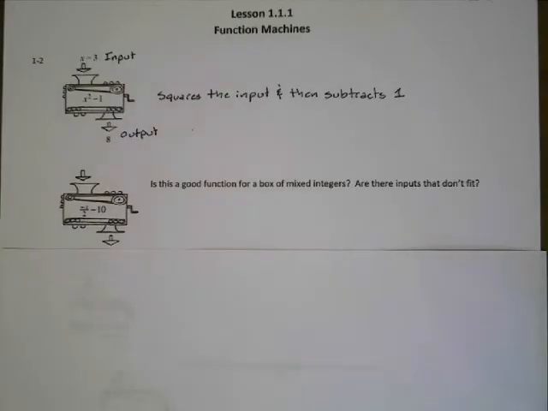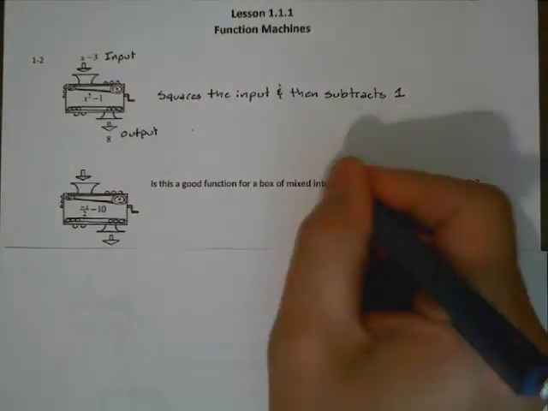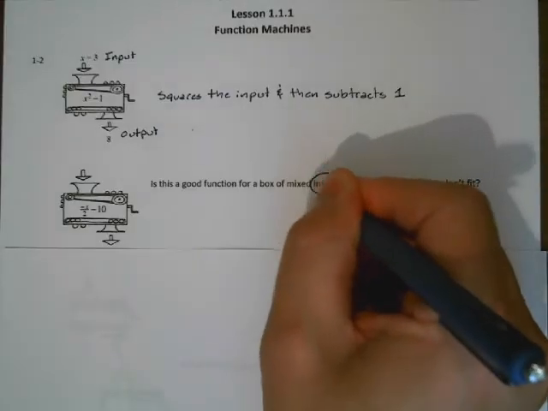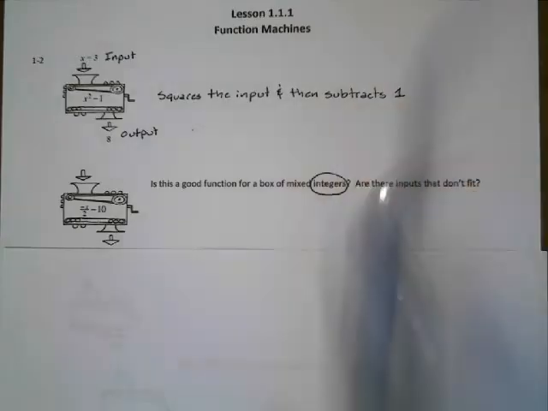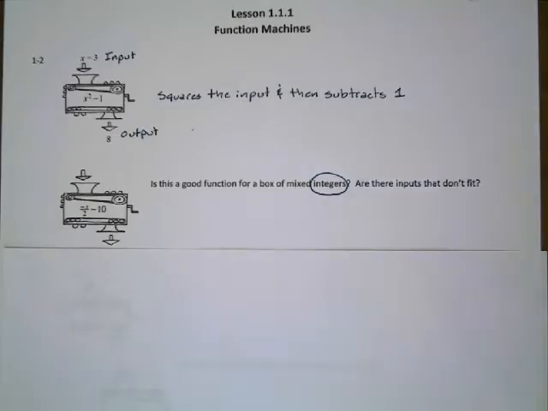Let's say that we've got this function machine company, and we've got a customer. The customer comes along and says, I've got this huge box of integers. We have to talk about what an integer is. An integer is the positive and negative whole numbers.